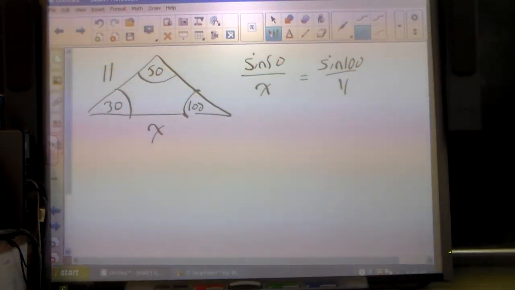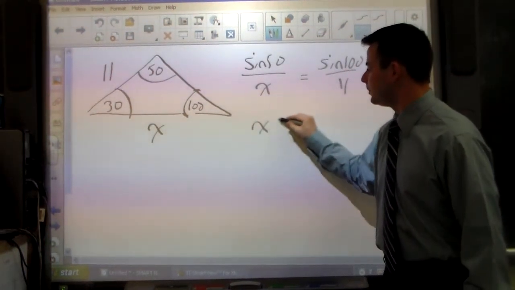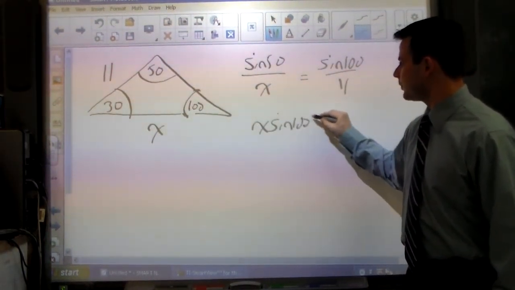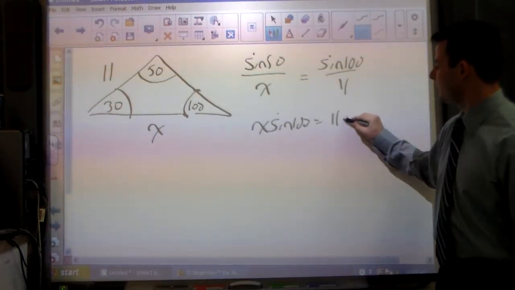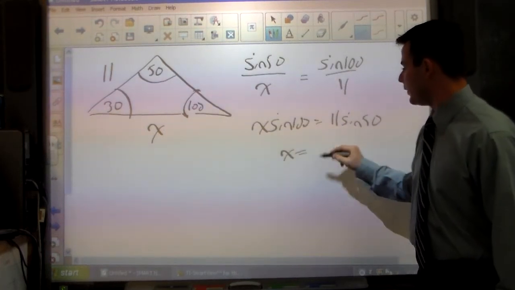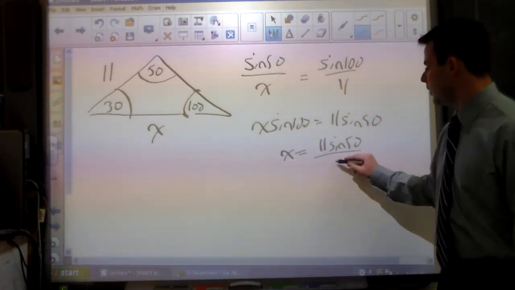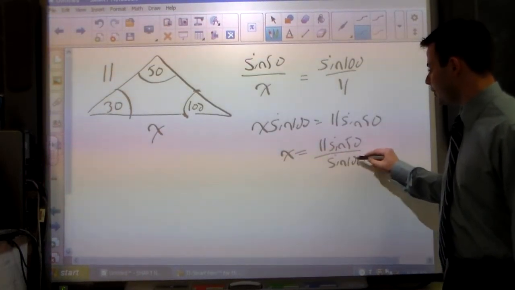Now we can find one of our missing pieces of information. So let's cross multiply. x times sine of 100 equals 11 times the sine of 50. Let's divide by the sine of 100. So x equals 11 sine 50 over sine 100.